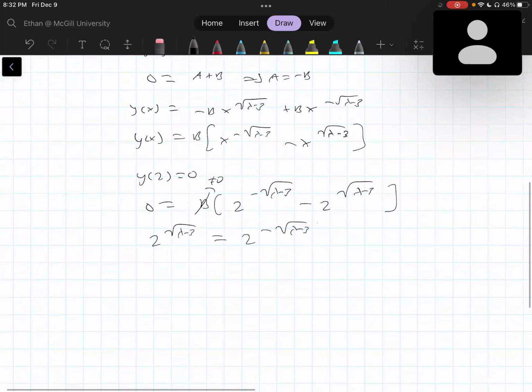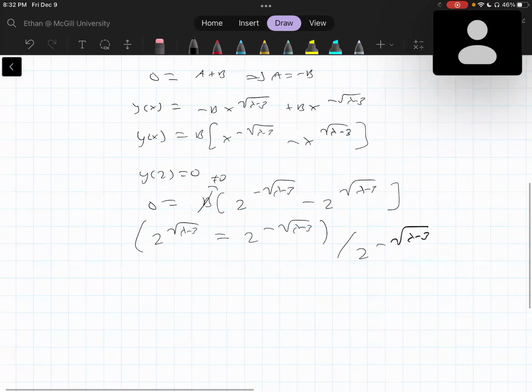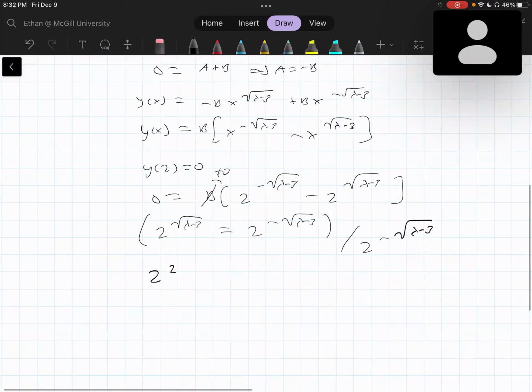Dividing through everything by 2 to the negative root lambda minus 3, we're going to get that 2 to the 2 root lambda minus 3 is equal to 1. That's 2 to the power 2 times that whole thing.